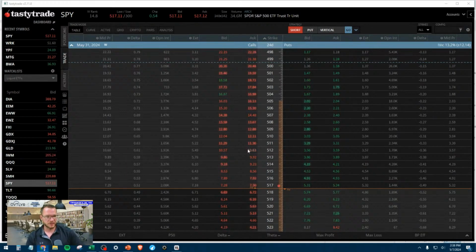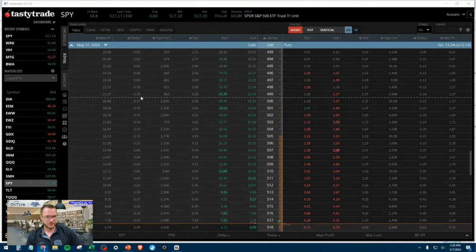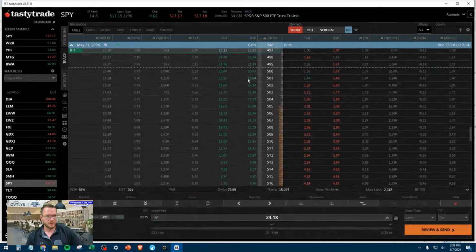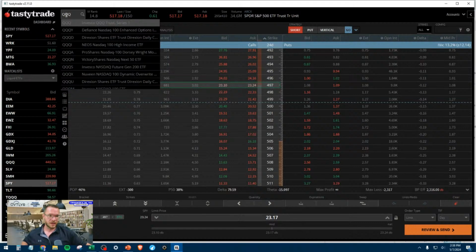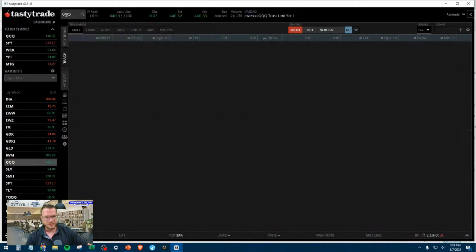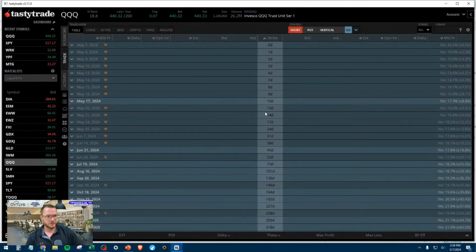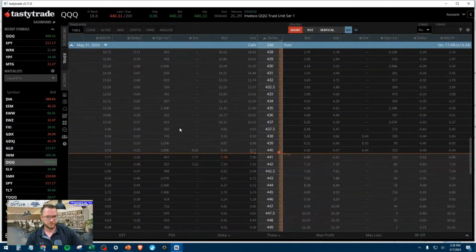MTG, okay, Leo, I see you there. If I went up to this 80 delta, good gravy. Where's that at? 80 delta is way up here at $23 a contract, and that's around 10%. I'm not going to trade this, because it decimates my $10 limit. Let's go to QQQ here.